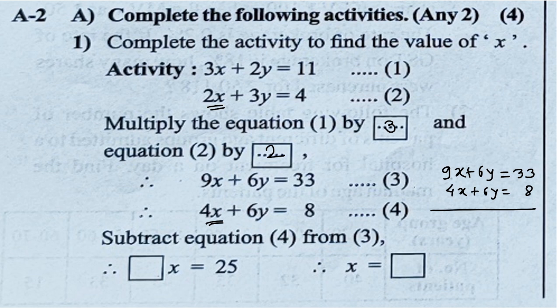I would like to subtract, therefore here plus sign converted to minus, plus 6y gets cancelled with minus 6y. 9x minus 4x will equal 5x, and 33 minus 8 it will be equal to 25. Therefore I have to write 5 in that blank spot. 5x is equal to 25. It gives rise to x is equal to 25 divided by 5, and you know that 5 multiplied by 5 is equal to 25, and therefore value of x is 5.